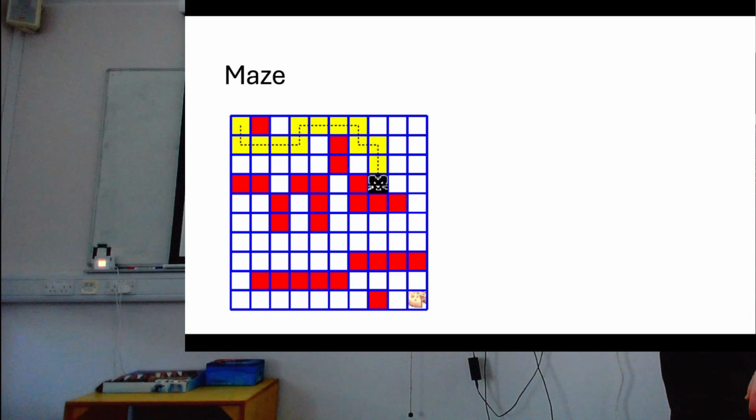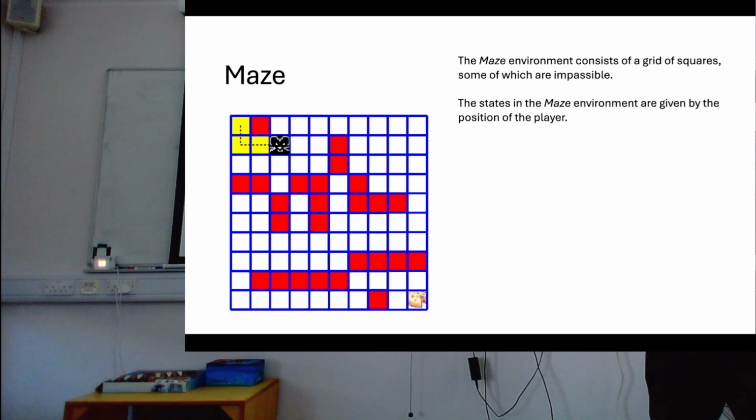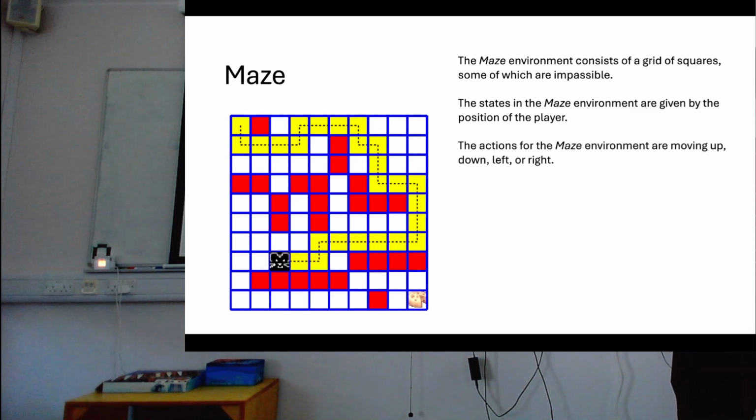You have a grid of squares. Some of them are impassable; these are walls. The state is just what position you're currently in, so the state of the environment is which square you currently occupy. Your actions are up, down, left, and right, and sometimes these don't do anything. If I'm here, for example, and I choose to go left, then nothing's going to happen.